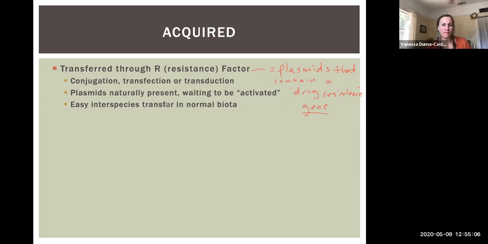So these resistance factors are readily transferred between organisms, and this becomes especially pertinent inside the human host, where we have lots of different organisms in our gut. Pathogens can come in, and that drug resistance factor can be spread around rather quickly.